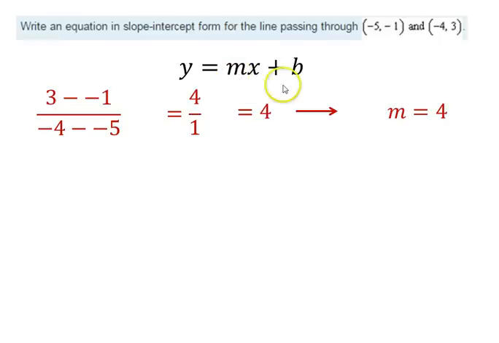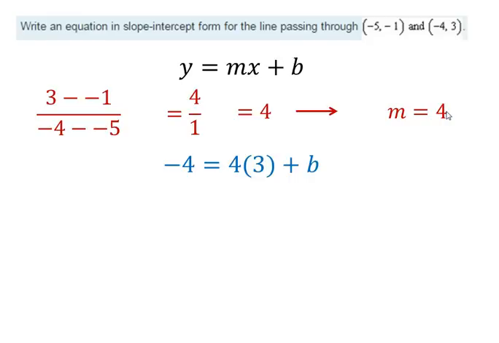Now we have the slope, we now need to find the y-intercept of the equation. And to find the y-intercept, we are going to use the information that we have and the information that we found. We know that the slope is 4, so 4 can be plugged in for m. And then we have a couple x and y's. We have an x and y here, negative 5, negative 1, and we have an x and y here, negative 4, 3.